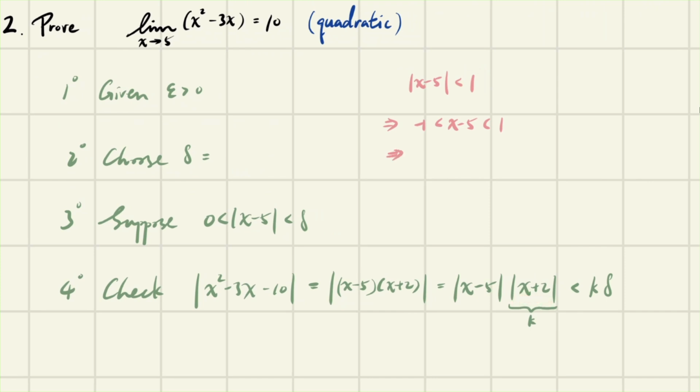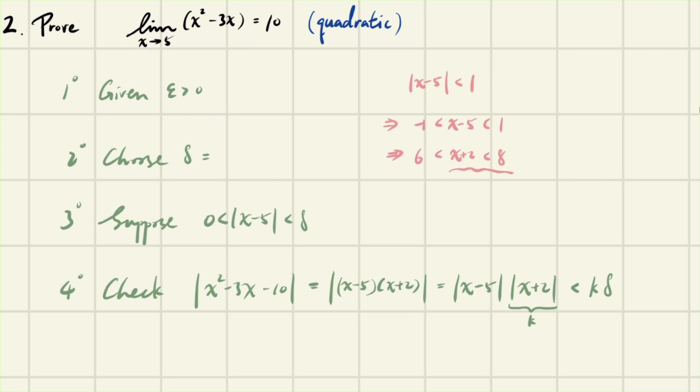So we make it x plus 2 by adding 7 to everything. If we add 7 to everything, we have 6, then x plus 2, and 8 here. I almost wrote a delta. So we can just choose k equals 8, right?